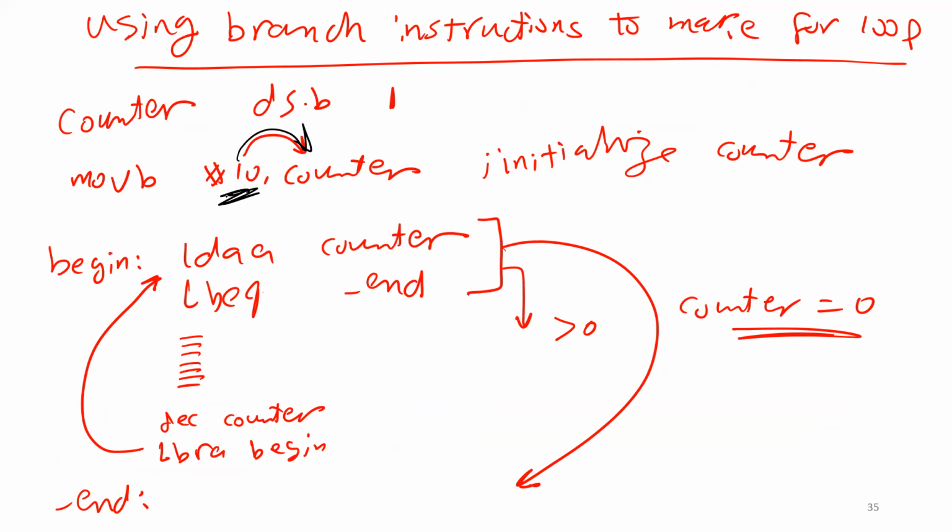Every time I load the counter, I can compare it to 0, or if you are confused, you can just add it; that is redundant, but anyway. In every iteration I load the counter and compare it to 0. Once it is equal to 0, go outside. In every iteration, I decrement the counter and then go back again.